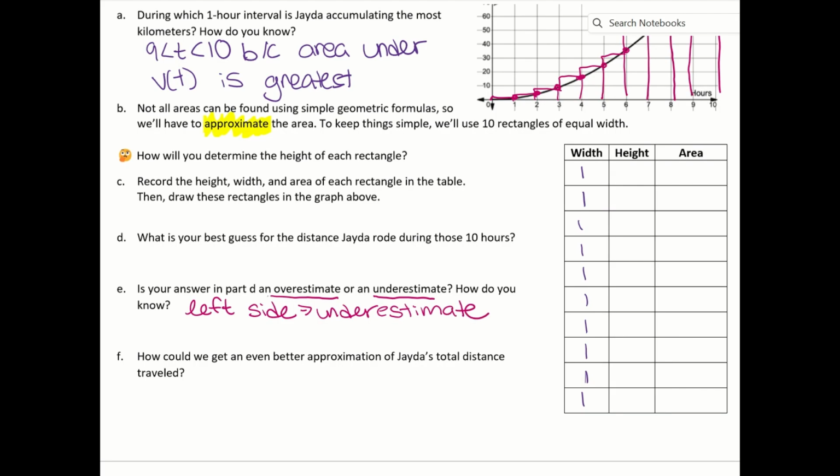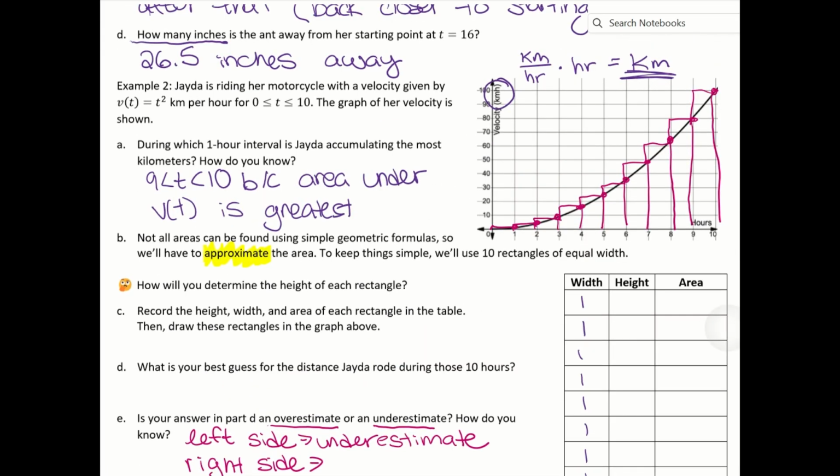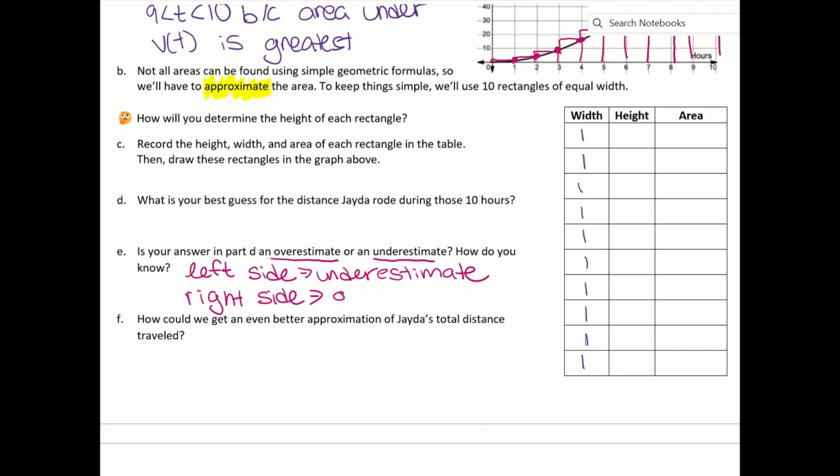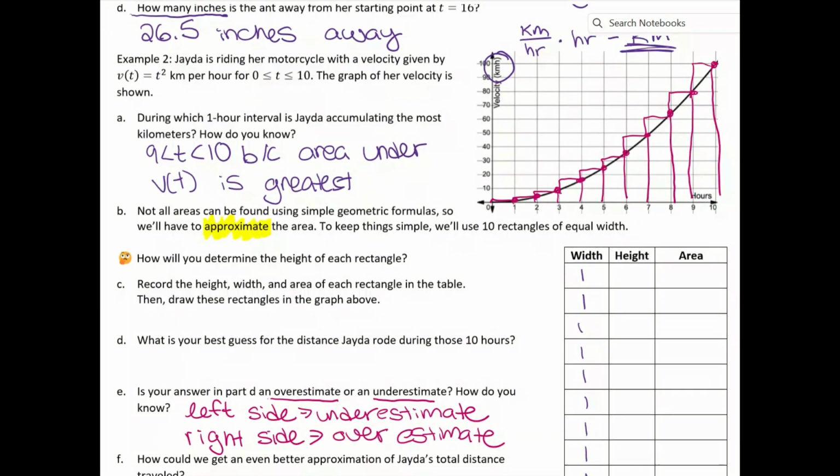But if you pick the right side points, so if you see I picked the right side points here, I picked all the points to the right, all of these rectangles make an overestimate. So whether you use rectangles that are too short or rectangles that are too tall, they'll give you an estimate of the area under the curve, but it might be over, it might be under.